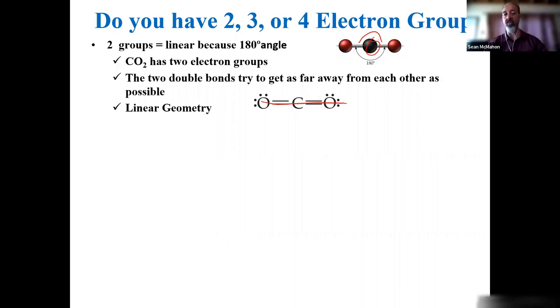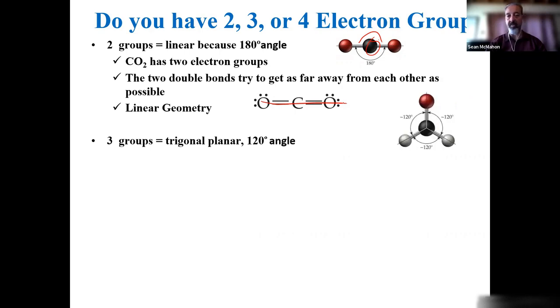What if there are 3 groups? Well, that's going to form what is referred to as trigonal planar, with 120-degree angles. What do I mean? If I have 3 things attached, just think of a circle. A circle is 360 degrees. If I want to split that into even pieces, 3 things, 3 central angles, those angles are going to be roughly 120 degrees.